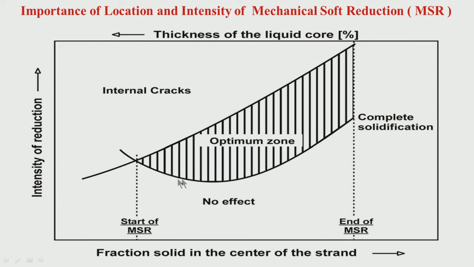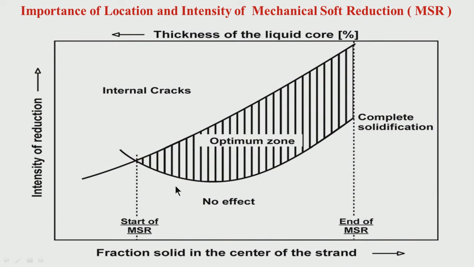Now look at it: if you put too much pressure, too much intensity of reduction, there might be formation of internal cracks, as I have told you. If the pressure is less than the required amount, this is the area where there is no effect at all. You might give a small amount of reduction in this zone, but it is of no use.